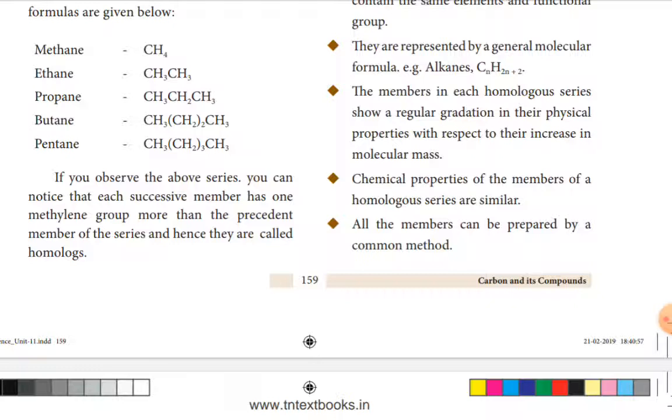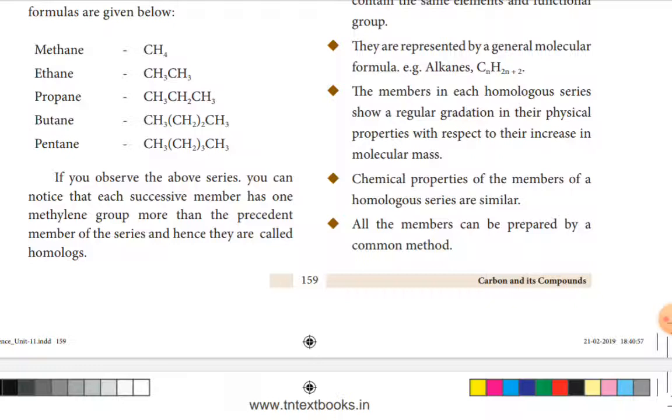When you take methane, ethane, propane, butane, the molecular mass of methane is carbon 12, hydrogen 4, which is 16. When you go to ethane, it is going to be more, you have to add 12 plus 12, because of the difference in the methylene group.